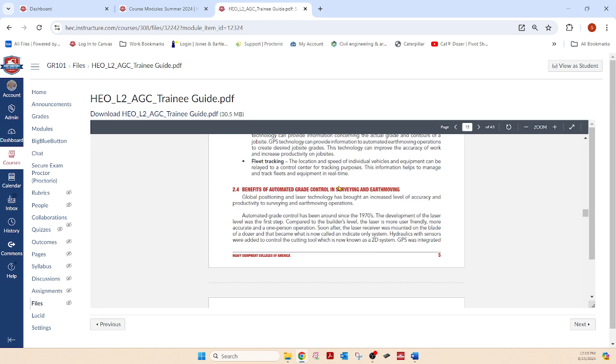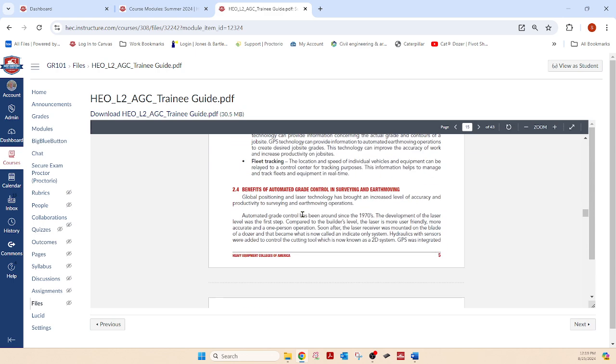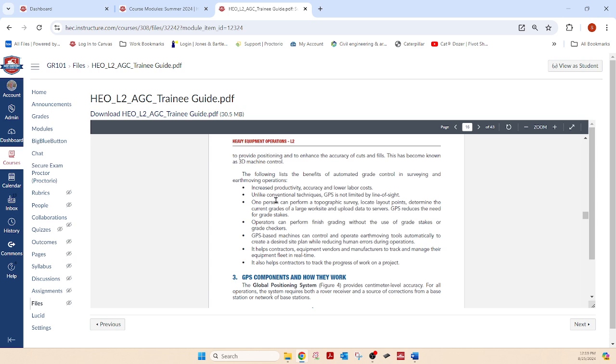So what are some benefits? Well, look where we are right here on page 5. I think there's going to be a list of benefits down here, as I recall. And here they are. One person can perform a survey, a huge benefit. You don't have to have somebody holding a rod.